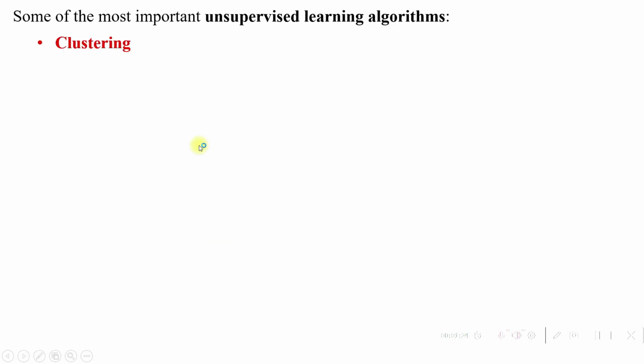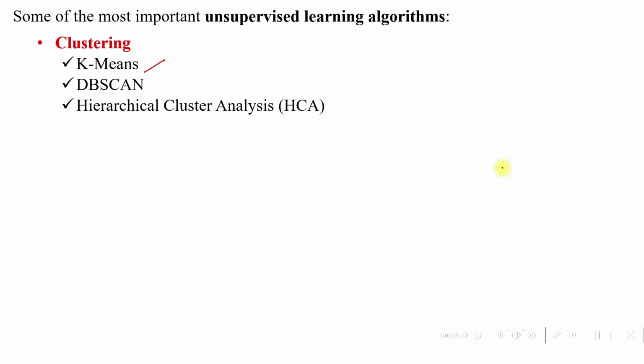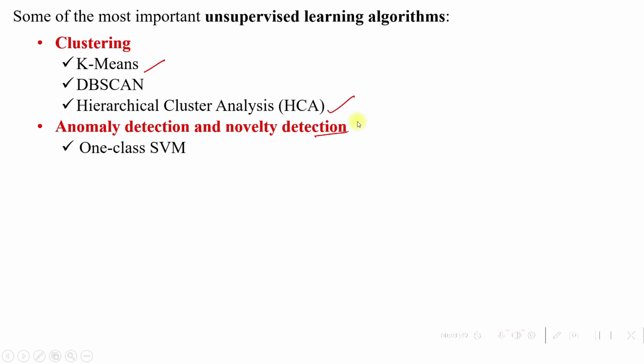Some of the unsupervised learning algorithms are there. Clustering contains k-means, DBSCAN, and hierarchical clustering analysis. One more type is anomaly detection and novelty detection, such as one-class SVM and isolation forest.